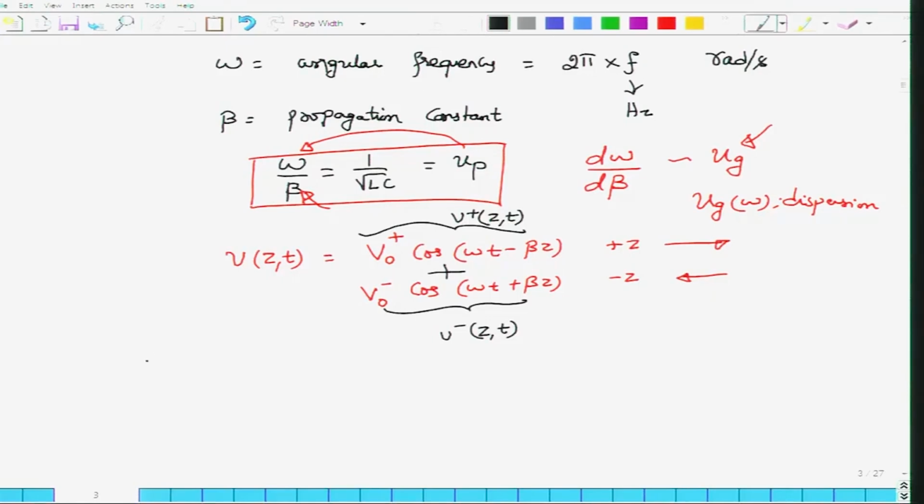There is one additional thing which I want to introduce at this point. From now onwards we will consider all waves to be at the same frequency omega. Everything in the transmission line problem that we will consider from now on, at least until the point where we stop considering this, the frequency domain behavior will have the same frequency omega.